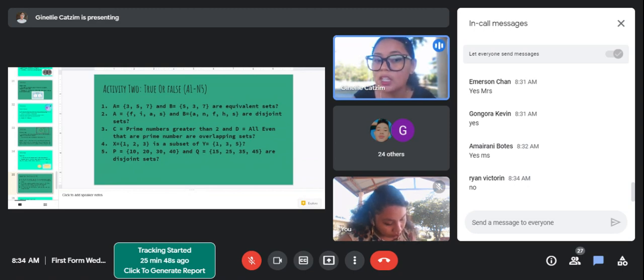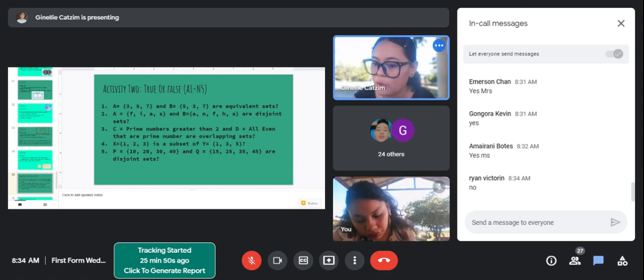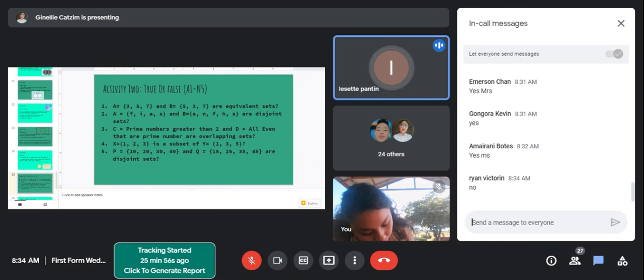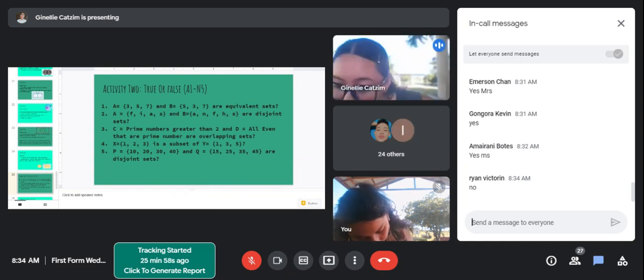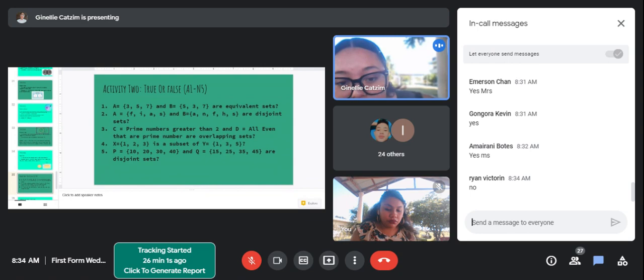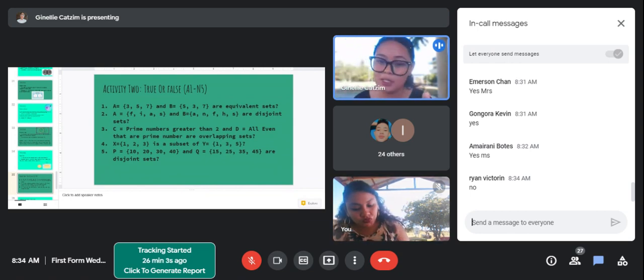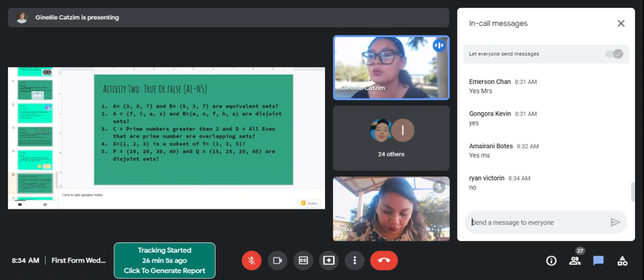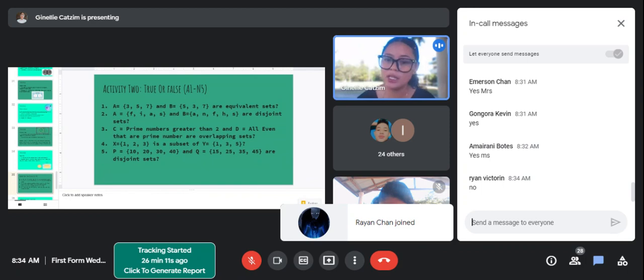So this question is true or false? Miss, as you explain it, it's false. It's false. Very good. It's false because we have the same elements. If we didn't have the same elements, those would be equivalent. But because we have the same elements, we cannot say it is equivalent.